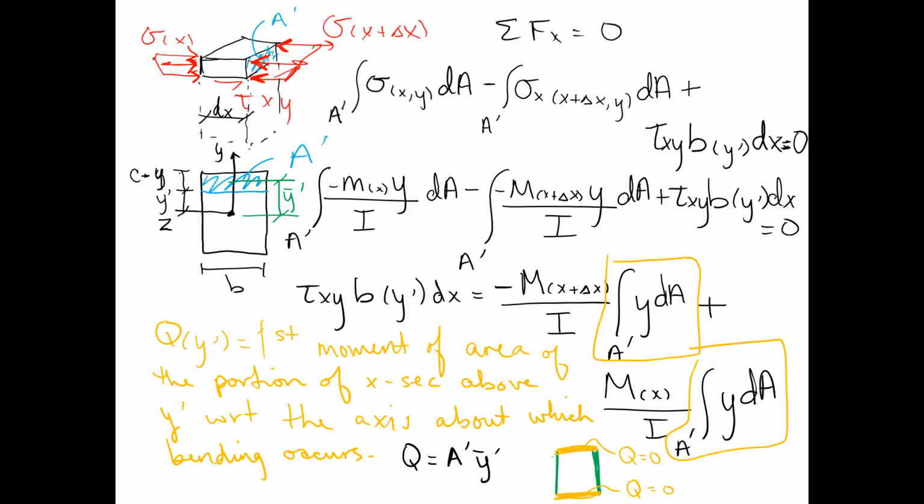And the maximum value of Q, as you're going to find, is here at the centroidal region. So the centroid is where you get your largest value of Q. And this distribution ends up being parabolic. So you go from 0 to some maximum back down to 0.